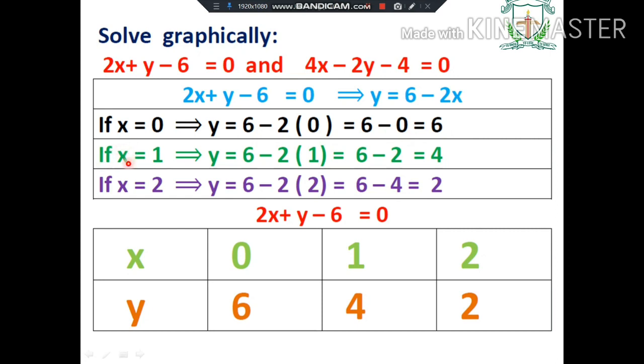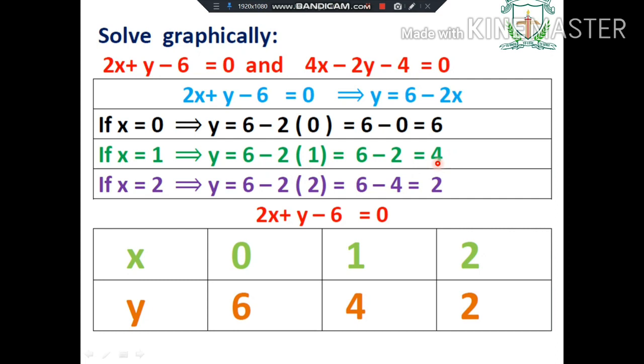Similarly, now give one more value. You can give any other value. I have given x is equal to 1. So if x is equal to 1, we get y is equal to 6 minus 2 into 1. Dear children, remember always in the place of x, you have to substitute the value. We get 1 here. So as usual, 6 minus 2 ones are 2. That is equal to 4.